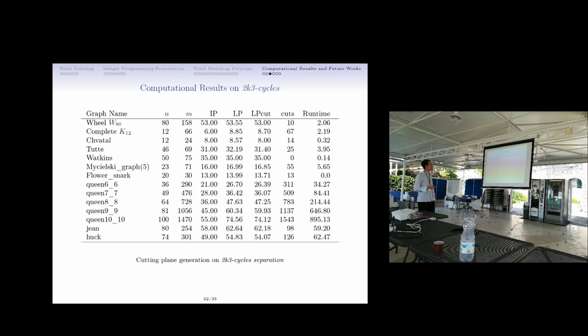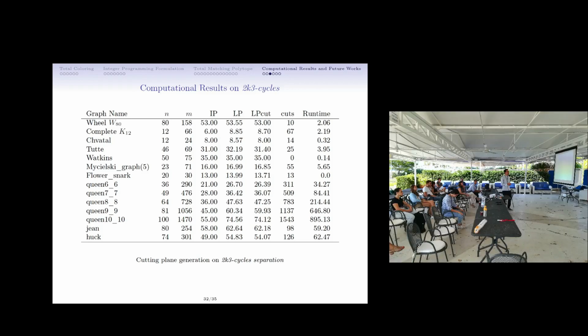In the same way, we can run a cutting plane generation for the separation of the 2K free cycle. We can also compare in this case the LP cut and the optimal value.